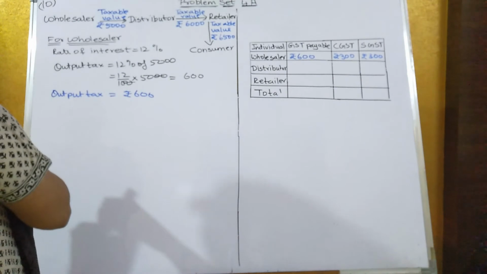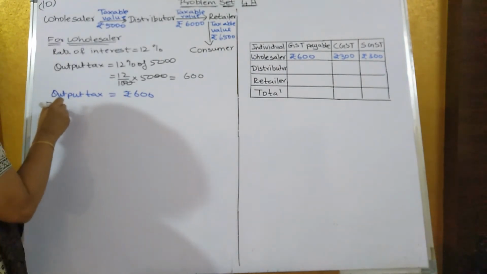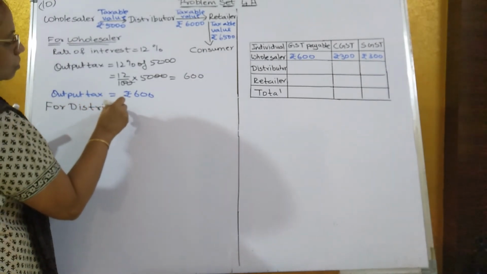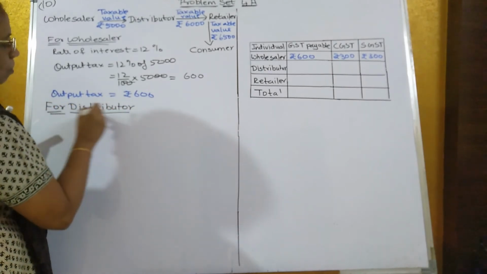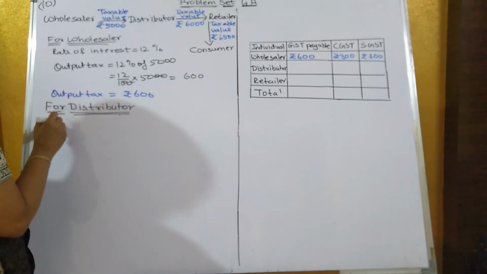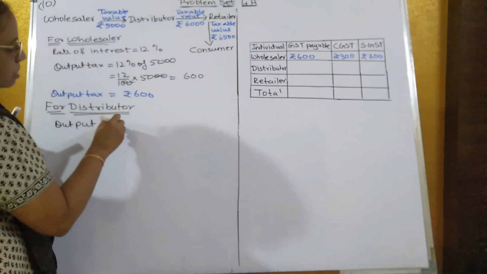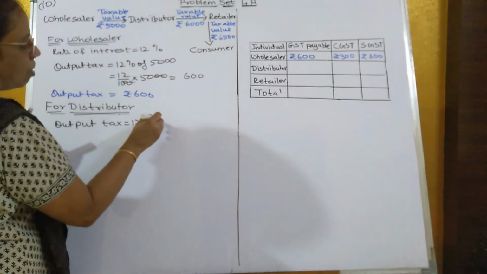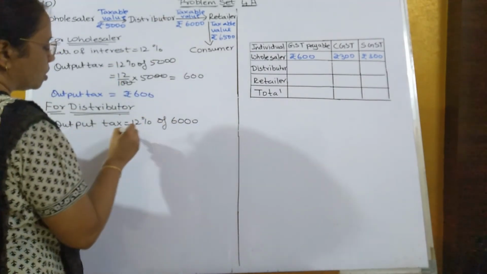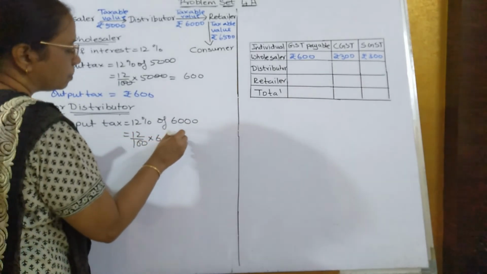Now next one, distributor. For distributor, what is our output tax? Here also the rate is 12 only, so output tax is equal to 12% of 6,000. So that's equal to 12 upon 100 into 6,000.